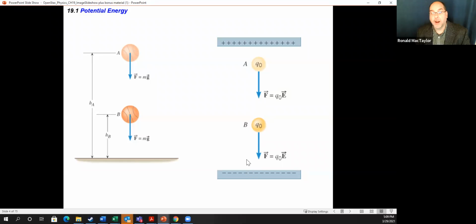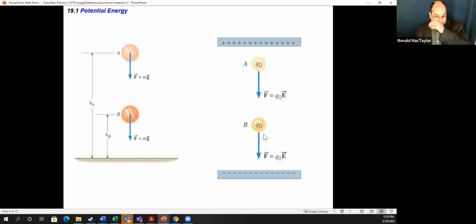And so anywhere that it might exist between the two plates, it will have a different amount of electric potential energy. Just like the basketball at different heights above the floor will have different quantities of gravitational potential energy.